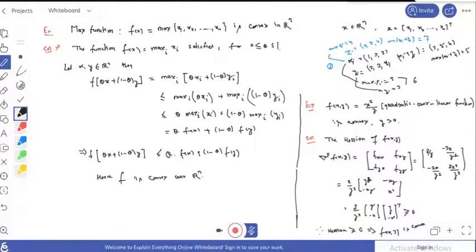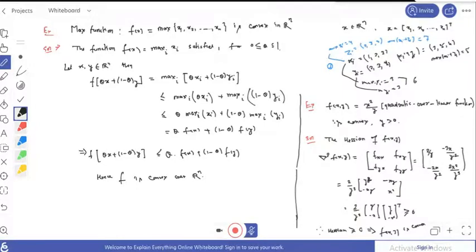For any value of x, and y non-zero, this is always greater than 0. For x equal to 0, the determinant equals 0. So the Hessian is either greater than 0 or equal to 0 for all x belonging to minus infinity to infinity, and for any positive value of y.